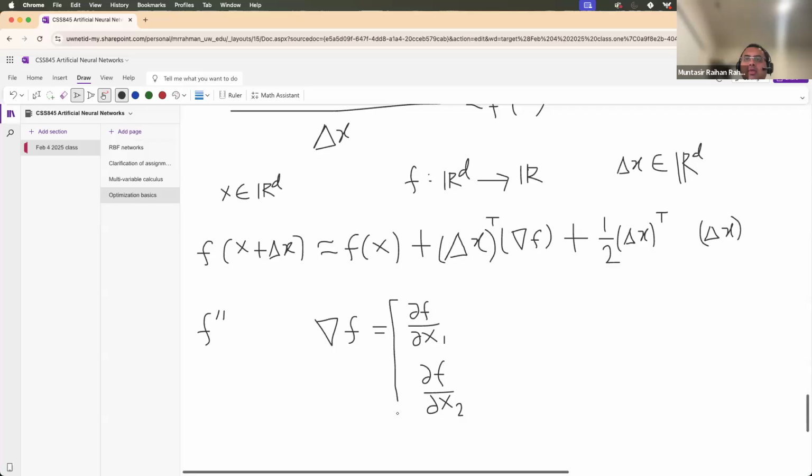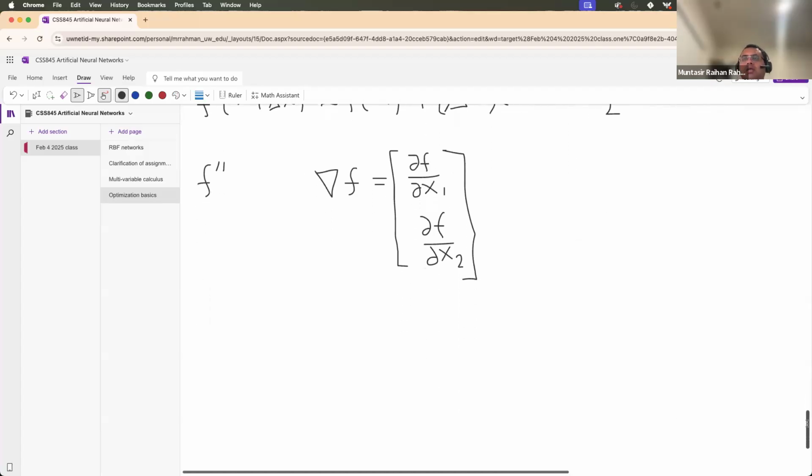This is my gradient, or the first order derivative of this function. Now if I want to take the second derivative of this object, what can we do? The way we define it is that we take this first object and differentiate again with respect to x1 and x2, and put it in the first row.